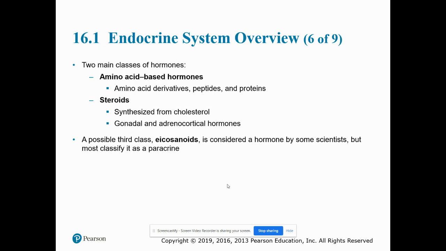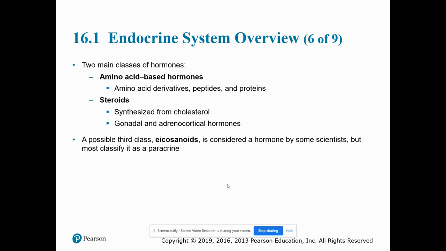Now, the reason we talk about this, and it's actually kind of interesting, is that this is going to play a role in a couple of things. Pretty much all amino acid-based hormones act one way and all steroids act another way, okay? It's going to determine how the hormone travels in the blood, and once it gets to a cell, what it's going to do to the cell.